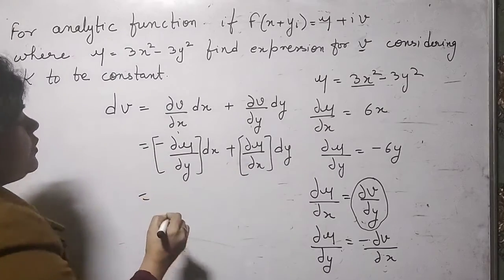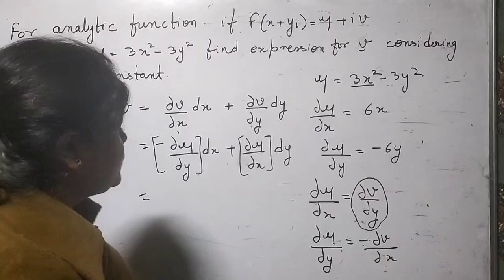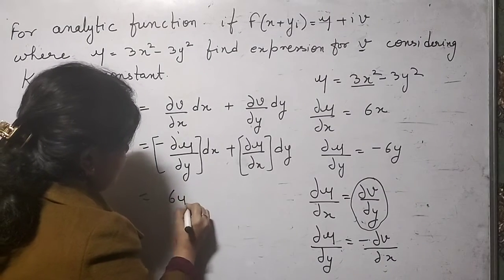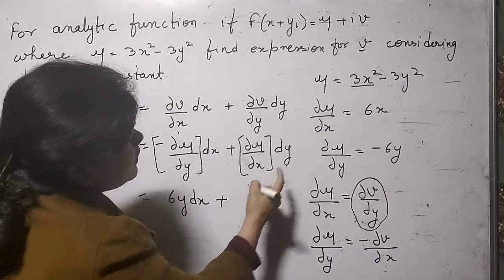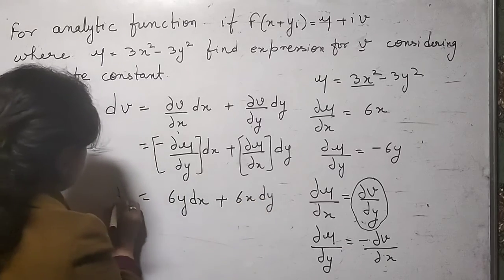Okay, now I am going to substitute du over dy. We have minus 6y, so we get 6y dx, and here we get 6x dy. Okay, and it is dv.